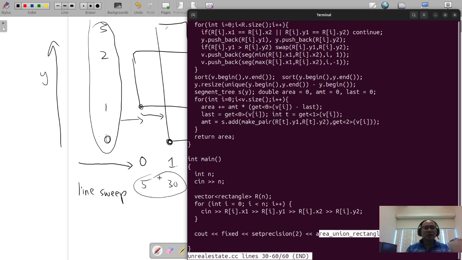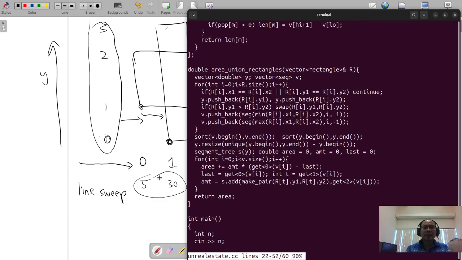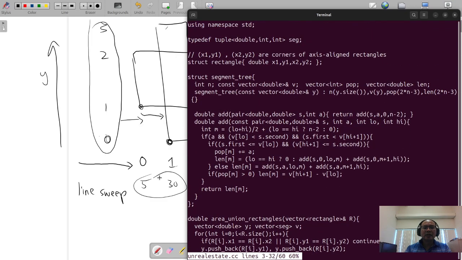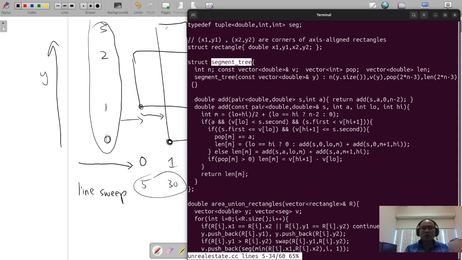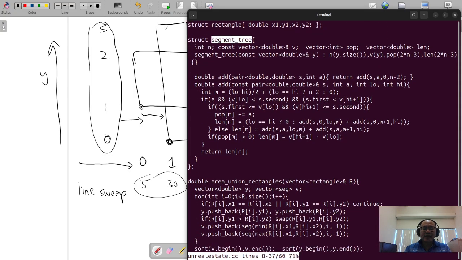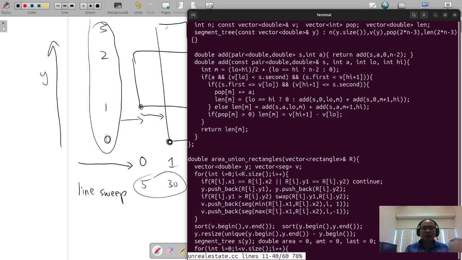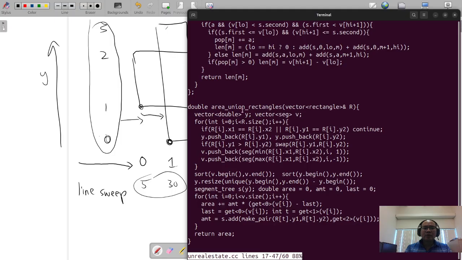And if you were to look at the code, you will see something about segment tree, which is a specialized version of segment tree that has roughly 2n values. And you have a segment tree for the y's.